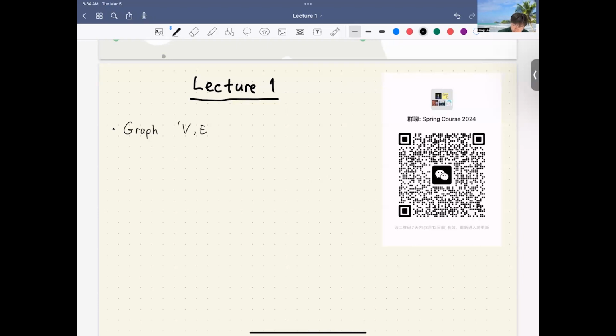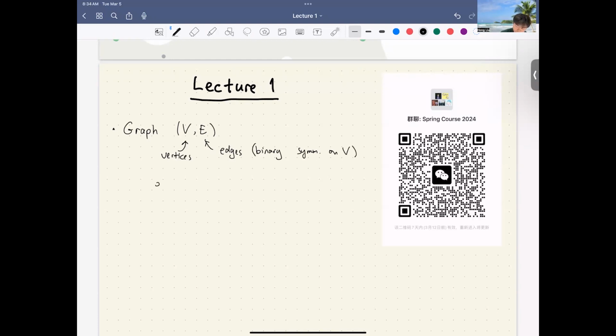The graph consists of vertices, where V is a set of vertices, and edges. Edges are binary symmetric relations between vertices.